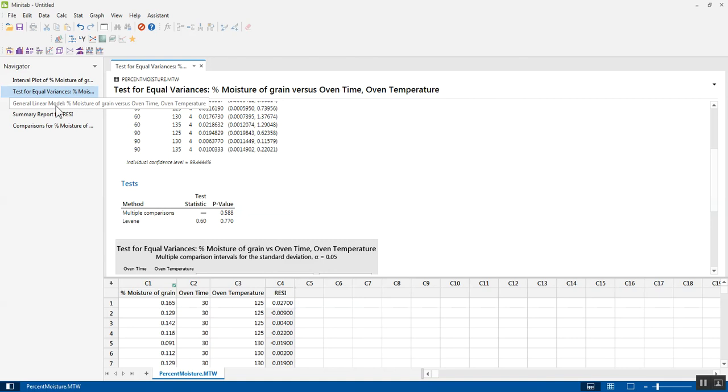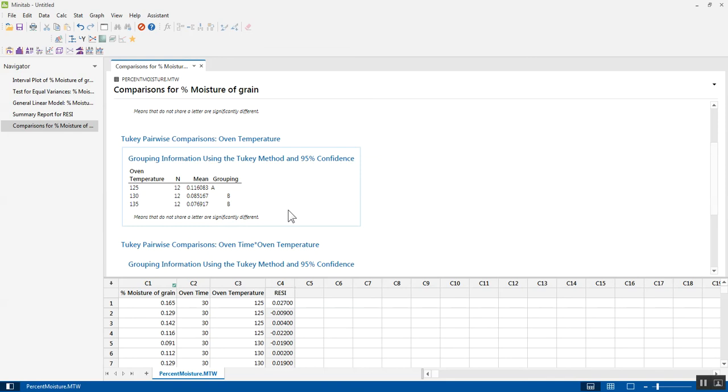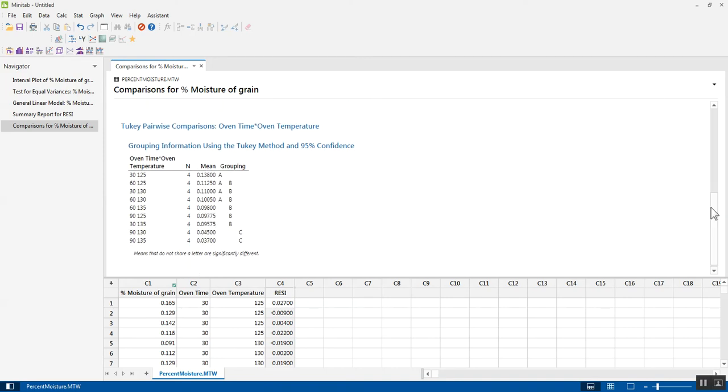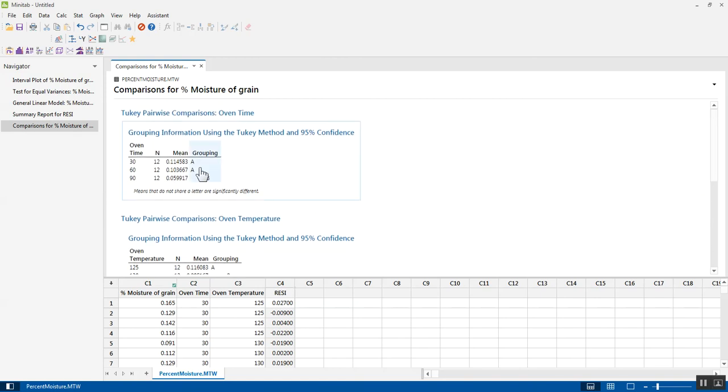We can work our way right through everything we've done much easier than we could in Minitab 18. Big improvement there. So I can see that there's no significant difference in the mean moisture content between 130 and 135 degrees C, but the mean moisture content is significantly higher at 125 degrees C. So far, so interesting. That was oven time, that's oven temperature down here.